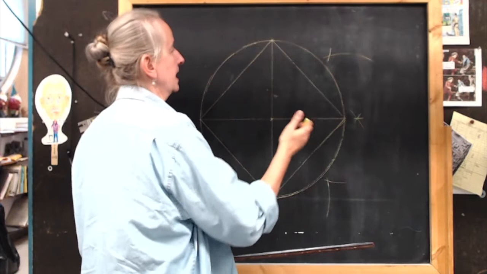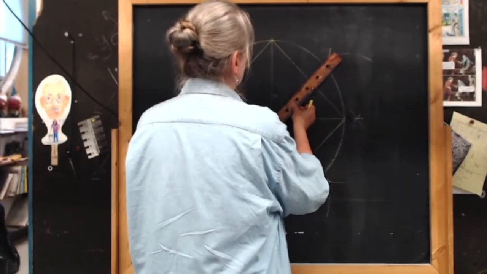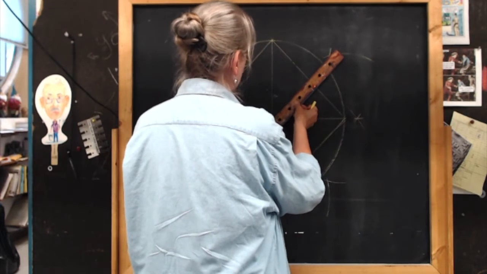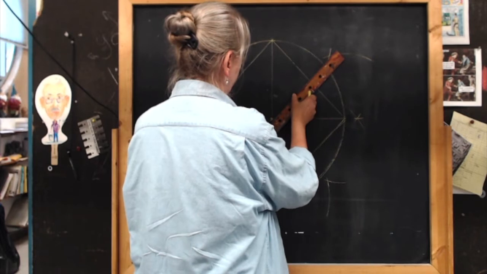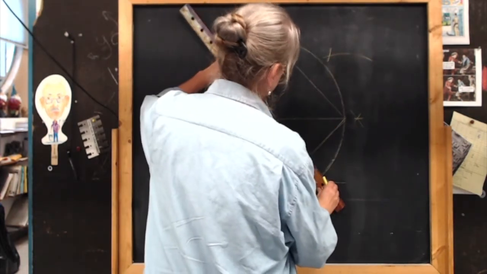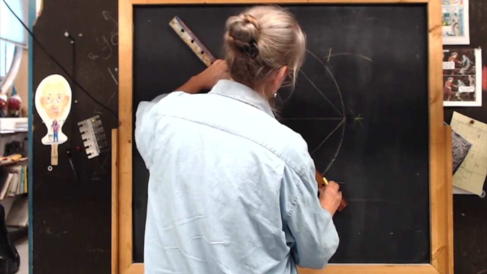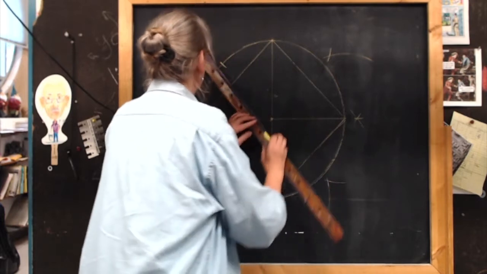So effectively, I can divide this form up into eighths now. So just by going through those two arcs, and then again through my compass point, right?